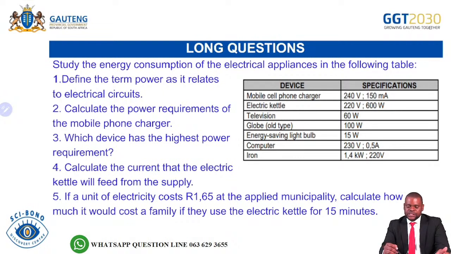Wow. Television, TV, is how much? 60 watts. Globe, the old type one, is what? 60 watts. No, it's 100 watts. Energy saving light is 15 watts. Can you see? That means the old globes used to use a lot more power than the ones we have today. That is good for the technology.